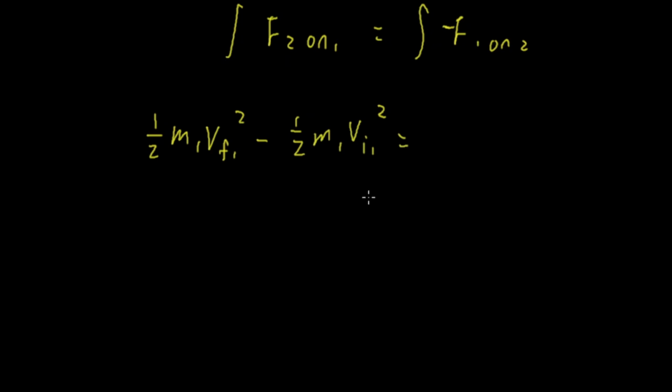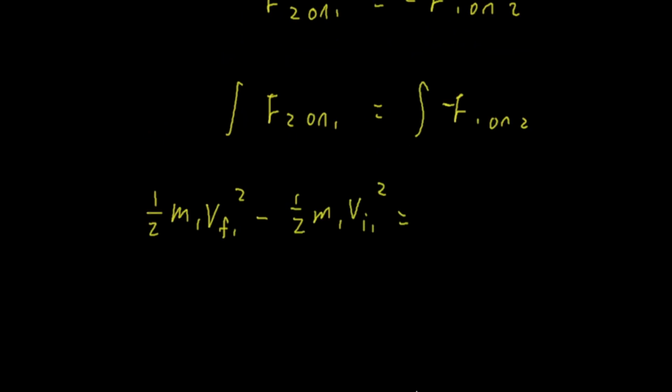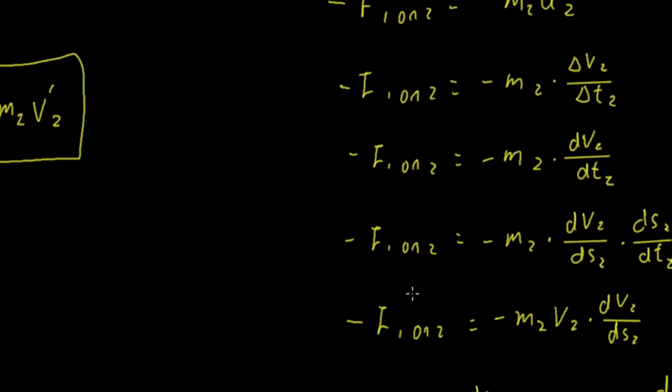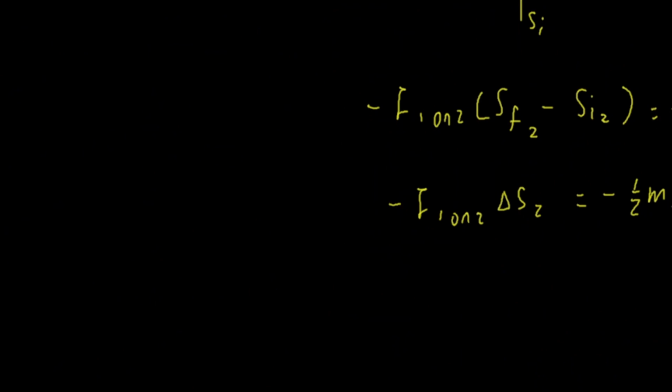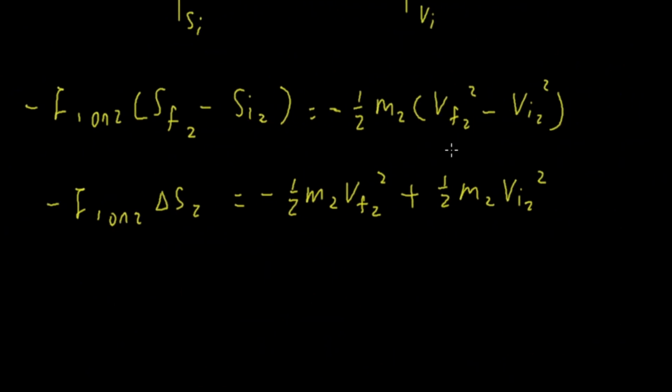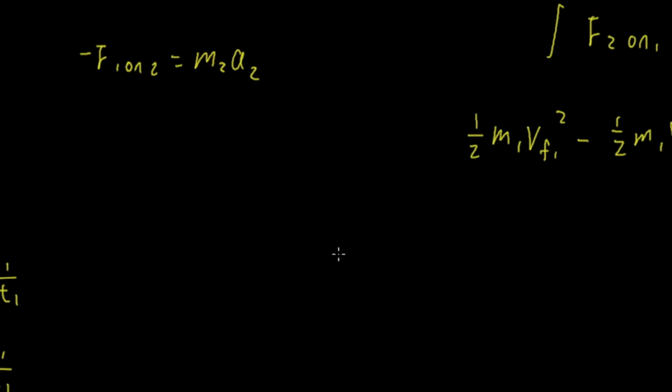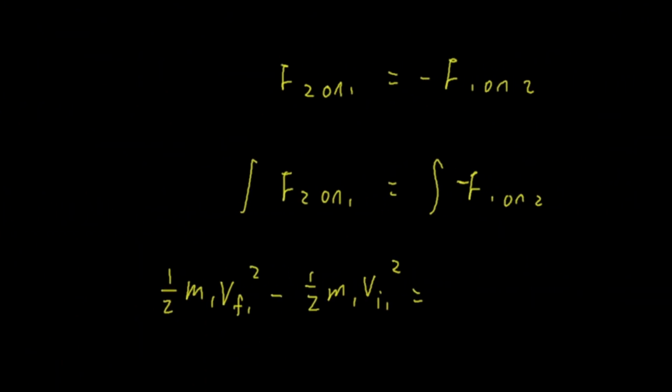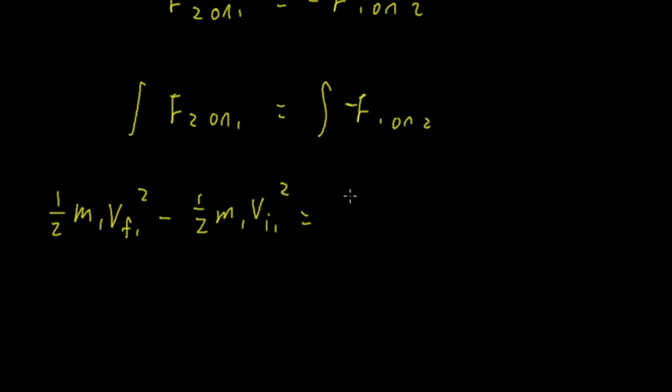And that's equal to the integral of this, which is this one here: minus half mass 2 v final 2 squared plus half m2 v initial 2 squared.